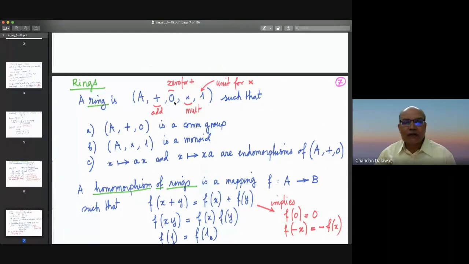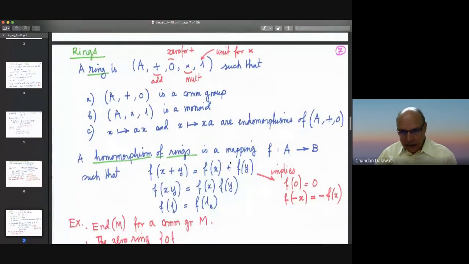But in general, you have distinct elements 0 and 1. 0 is the neutral element for addition. 1 is the neutral element for multiplication. Under addition, it's a commutative group. Under multiplication, it's a monoid. And addition and multiplication are compatible: one is distributive over the other.